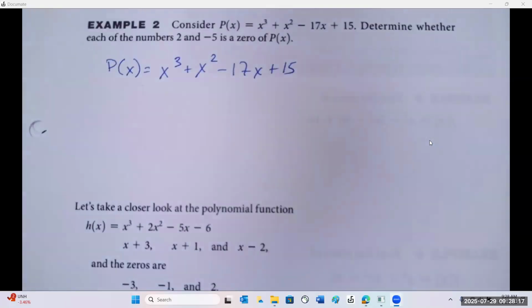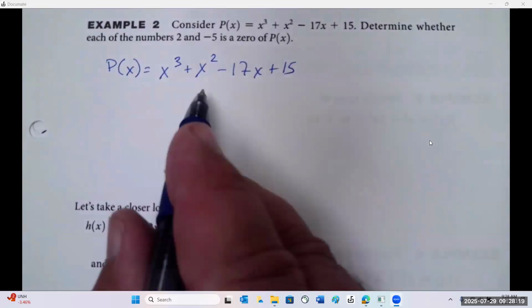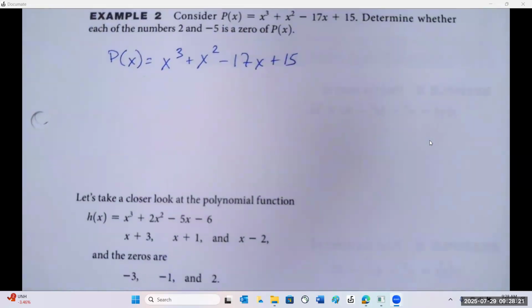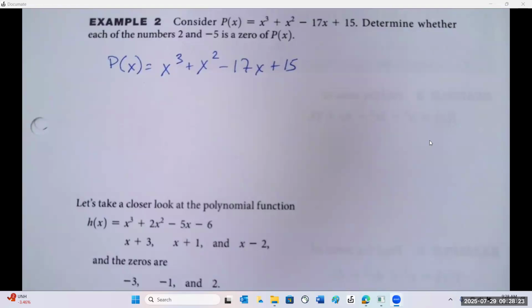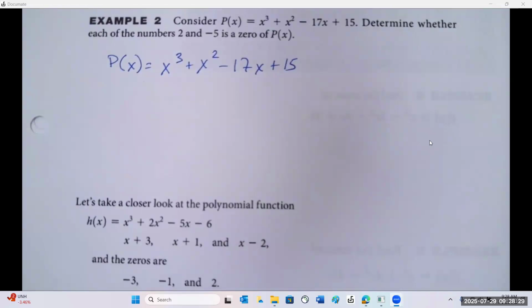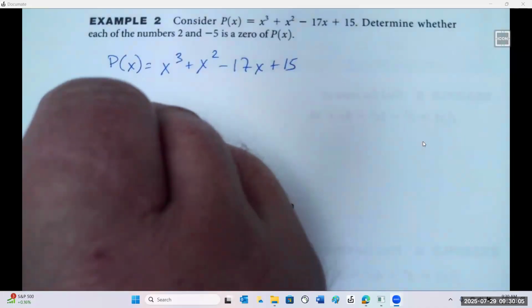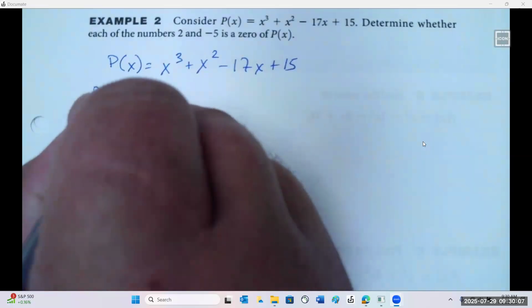So put that in your own words. Now, how do we check this one out? Tell me if they're zeros. Plug them in. See what happens. Pretty large. So the first one, we plug in 2.